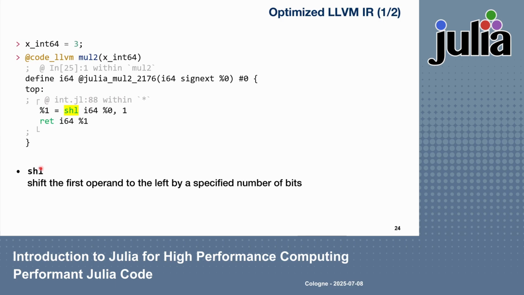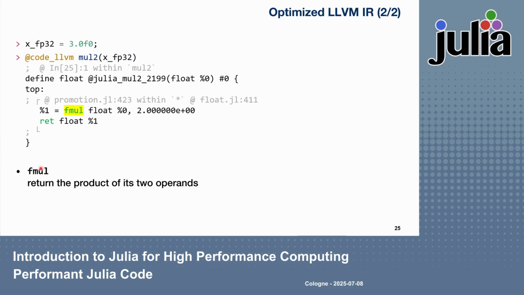I'm not going to dive into the details, but as you can see, it's getting interesting. However, if you want to do floating point operations, let's say 2 times 1.2 or 3.0, maybe you are expecting a shift. I talked about bit shift; it's more efficient for integers, very close to the silicon. But you will see that there's no shift operator, but you will have this so-called FMUL, which means floating point multiplication.